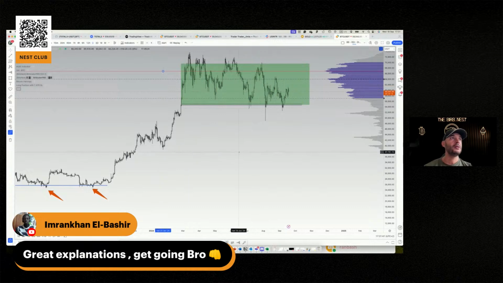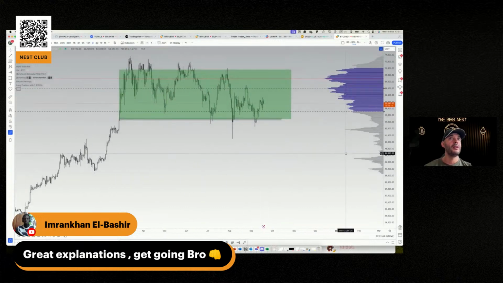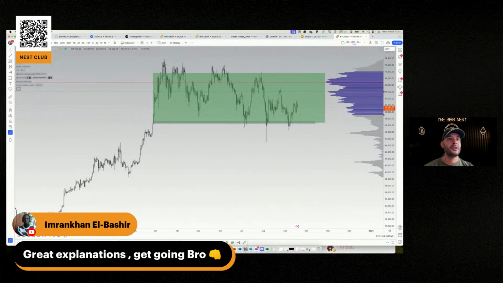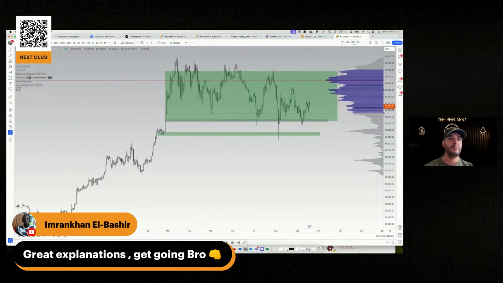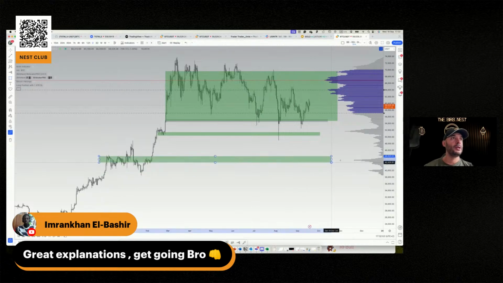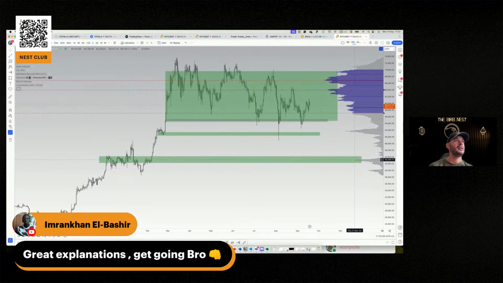From this swing low, I anchor the volume profile, and these are basically my breakdown levels. So here around 50K possible, and then we have around 40K.